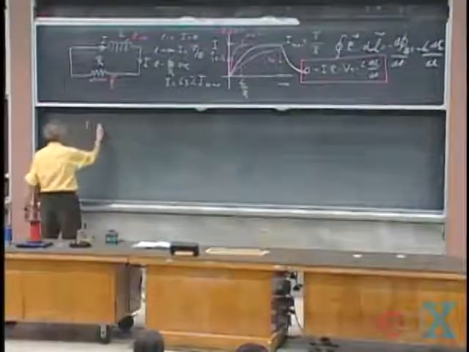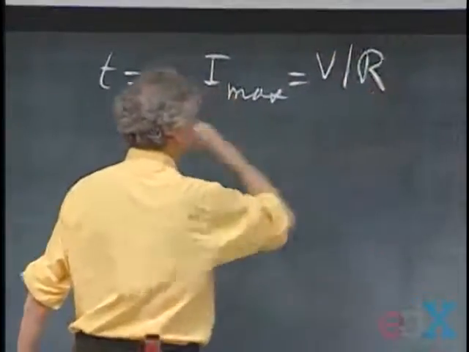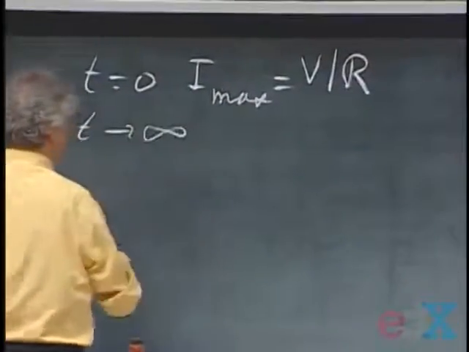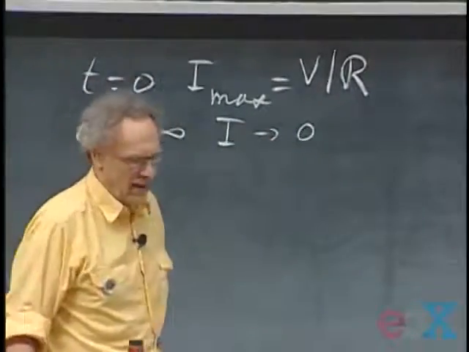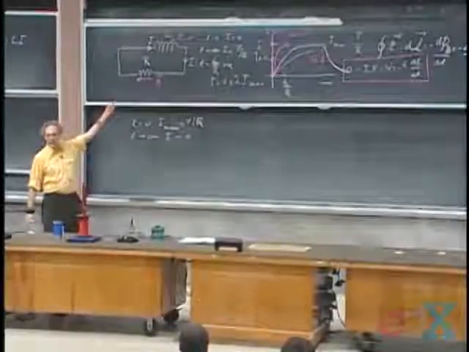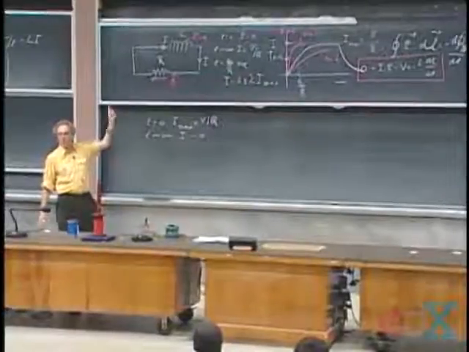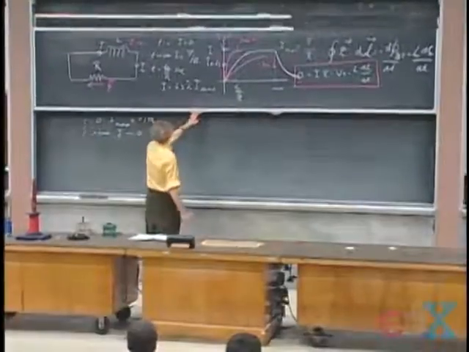At t equals 0, the current is still maximum, so it's still V over R, but when you go to infinity, if you wait long enough, then of course the current has to become 0. And as the current dies out, heat is being produced in that resistor at a rate of I squared R joules per second. And then there comes a time that the current becomes almost 0, and then the whole show is over. And so we can also calculate the exact time behavior by going back to our differential equation and make V 0.